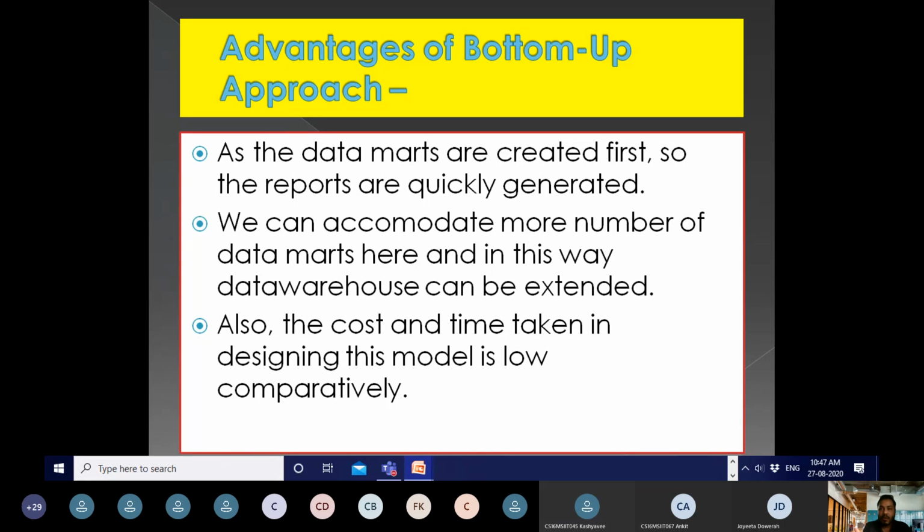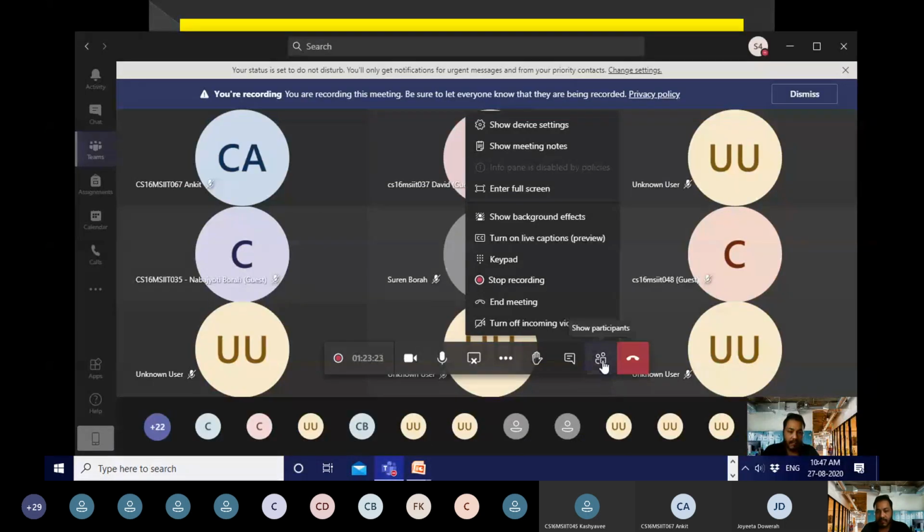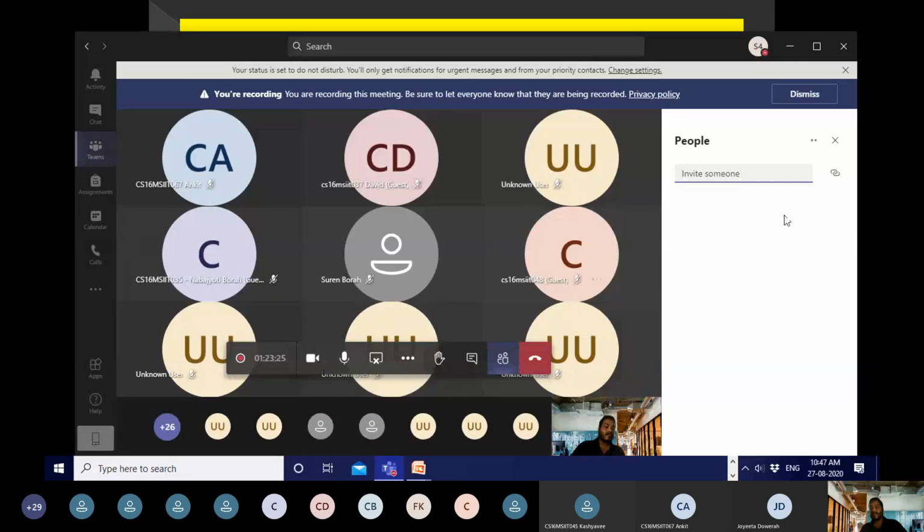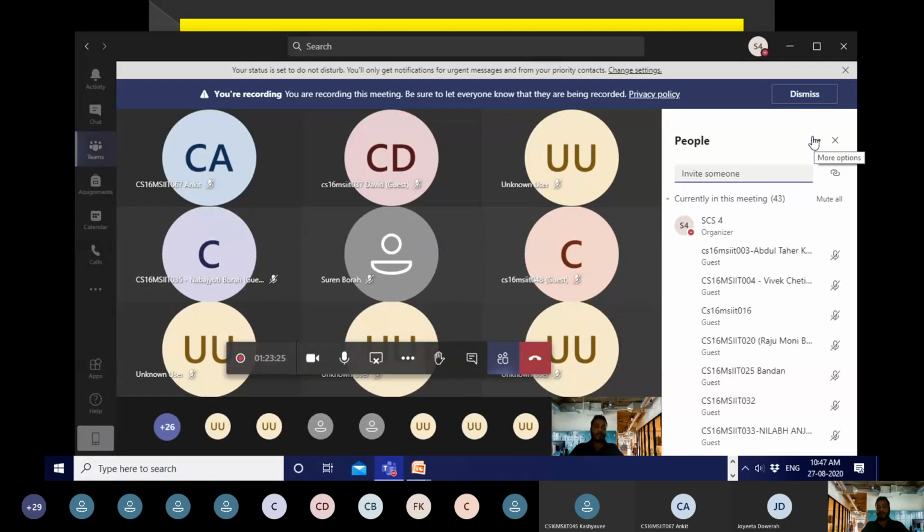Okay. I have got two approaches correctly. I want more responses from you. How many students do we have now? 42. I want at least 20 responses.